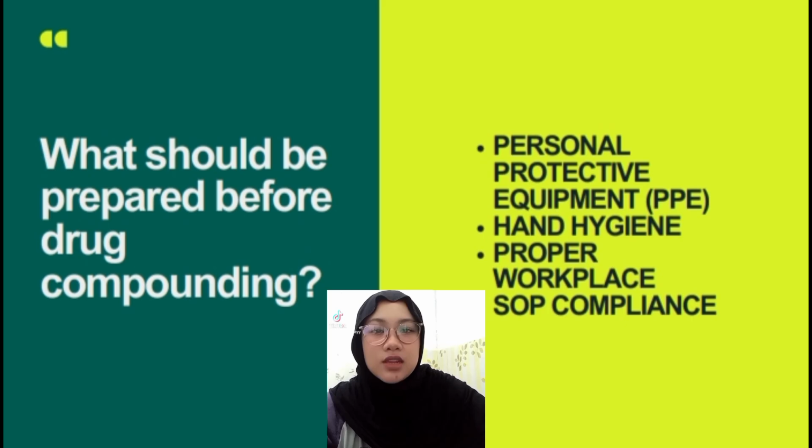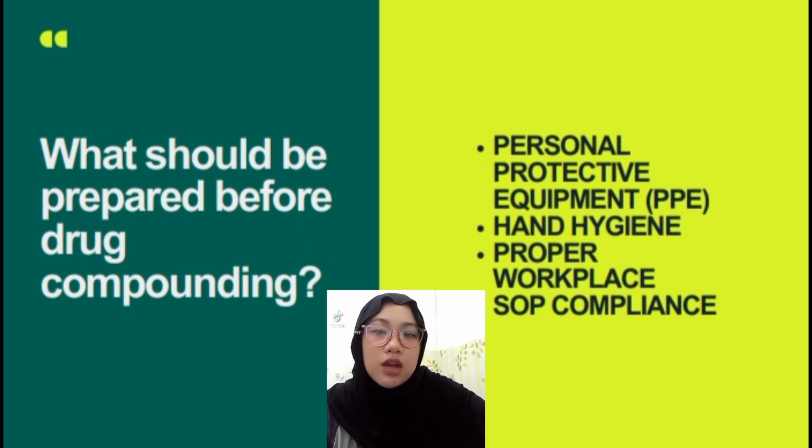Each step, starting from the use of personal protective equipment, hand hygiene, workplace preparation, and compliance with standard operating procedure, has its own function in controlling potential hazard.